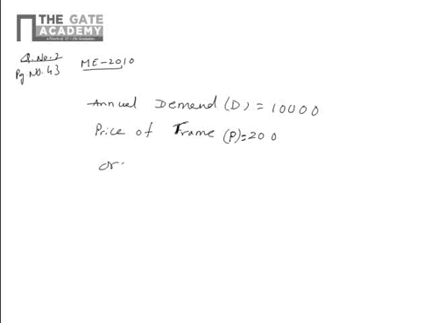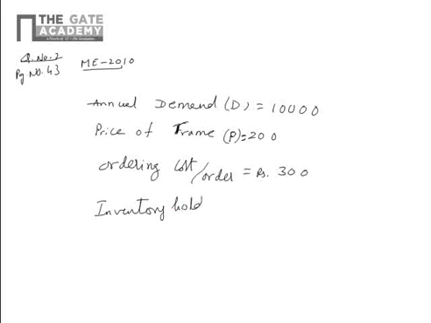Ordering cost per order is equal to 300 rupees. Inventory holding cost, C1, is 40%, that is 40 rupees per frame per year.